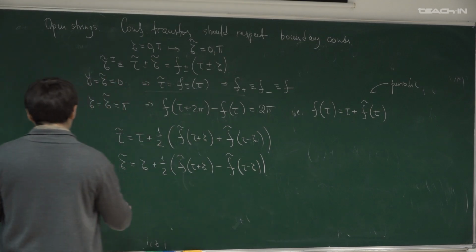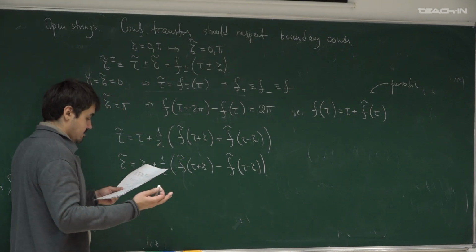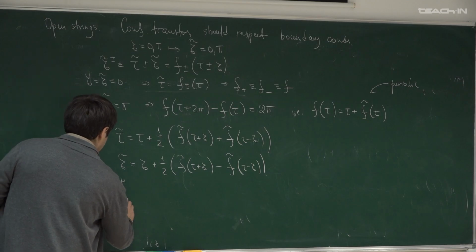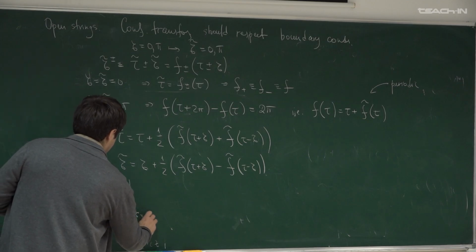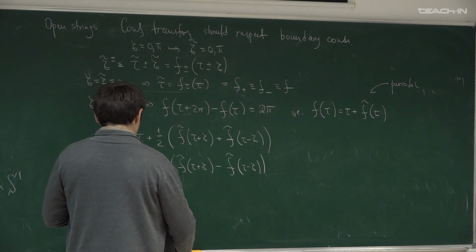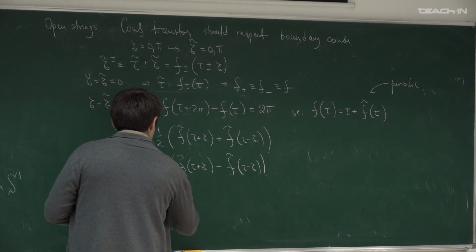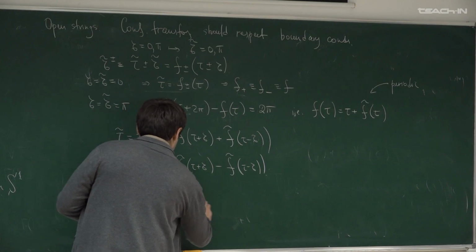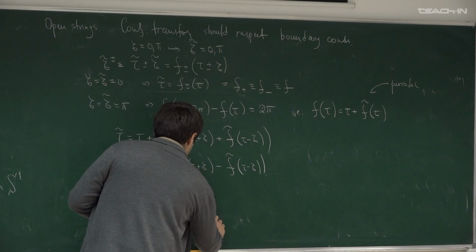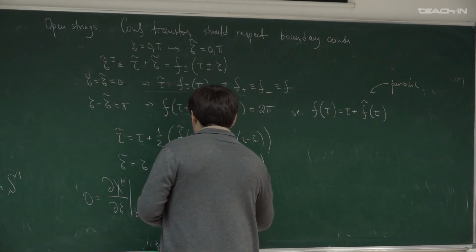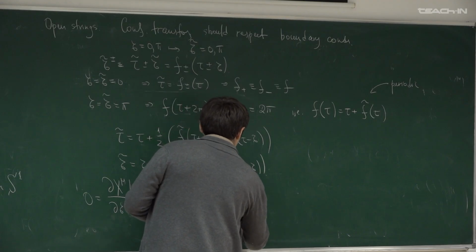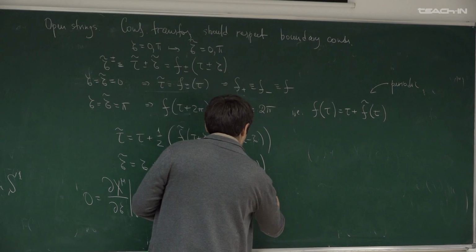And these transformations, also one can check that they preserve the boundary conditions, right? So as a consequence, for example, dx mu over d sigma equals 0. This is dx mu over d sigma tilde, d sigma tilde over d sigma equals 0, plus dx mu over d tau tilde.